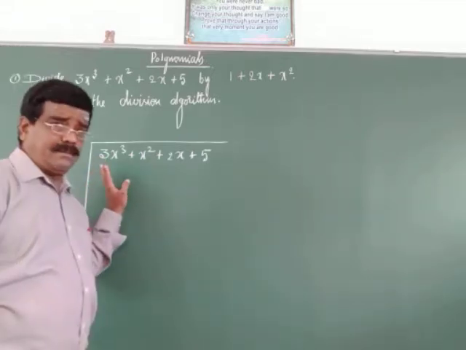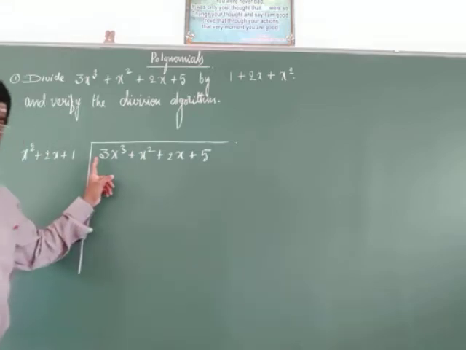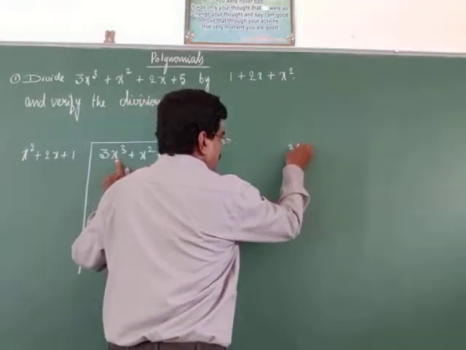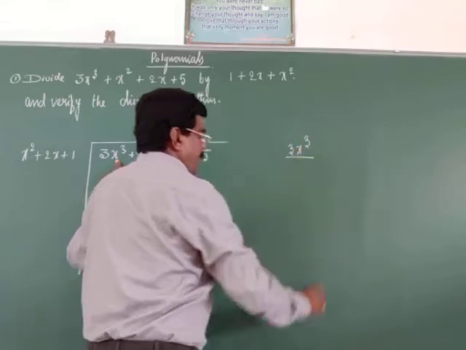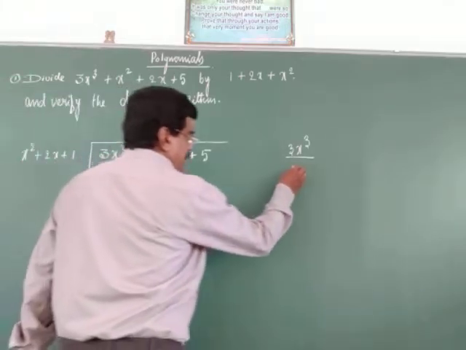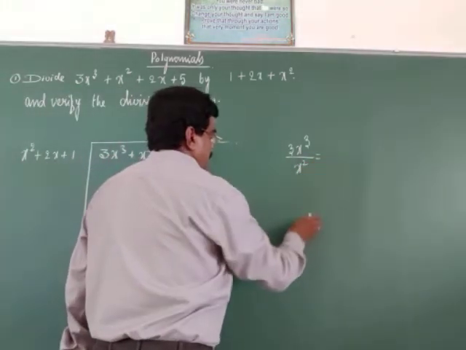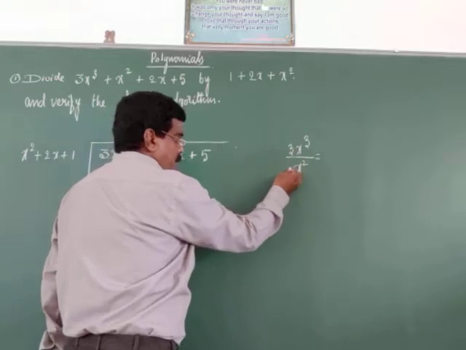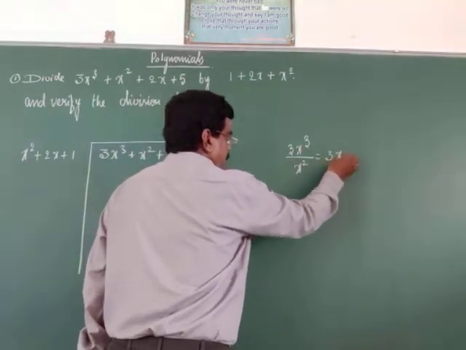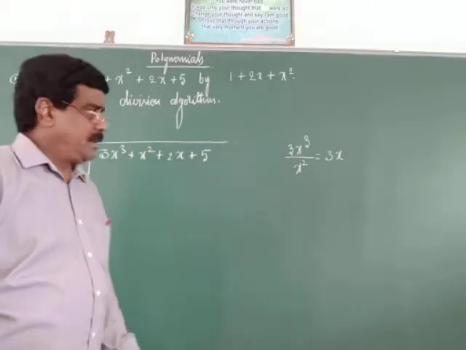Now let us come back to yesterday's concept. Here the first term of the dividend is 3x cube. Let us write in the working column, and again the first term of the divisor is x square. See children, here x square means 1x square, 3 by 1 means 3, x cube by x square means we will get x.